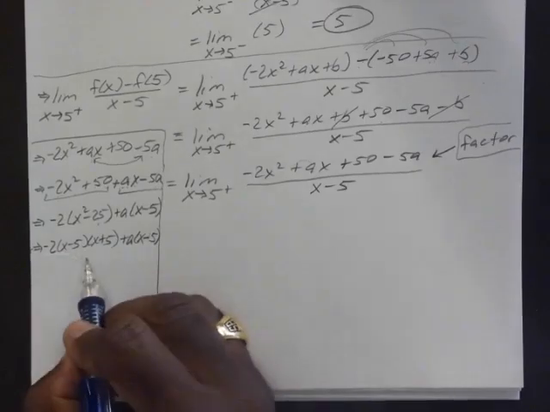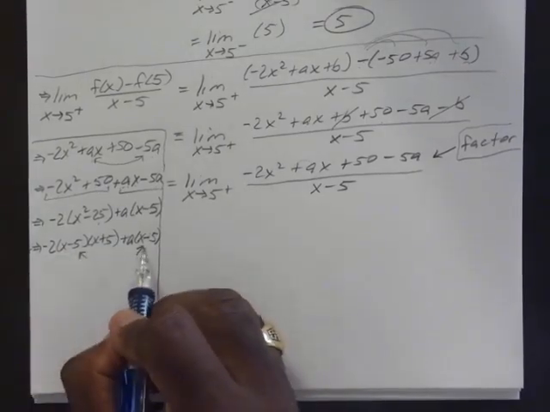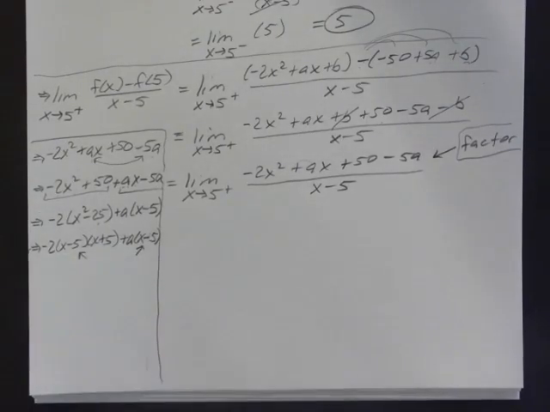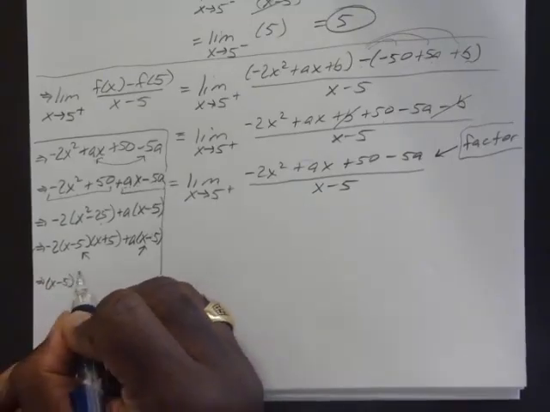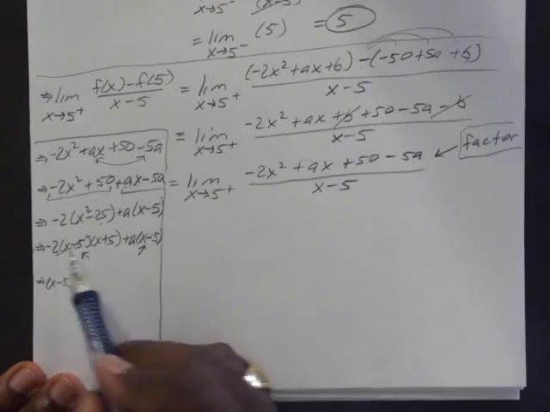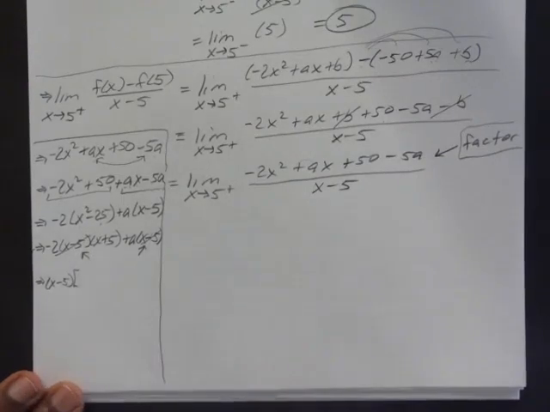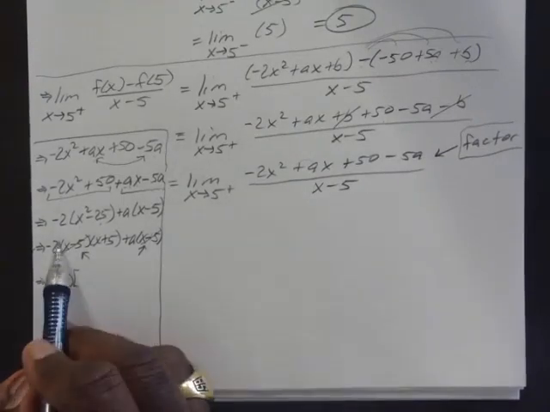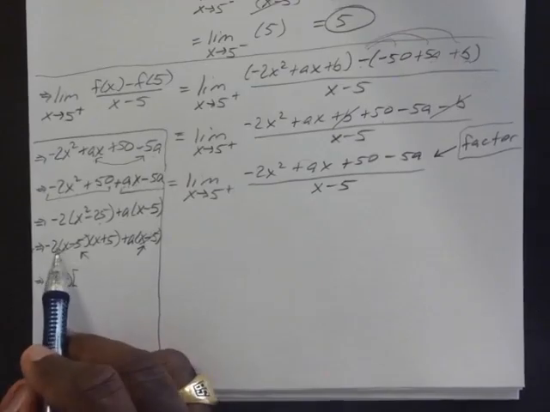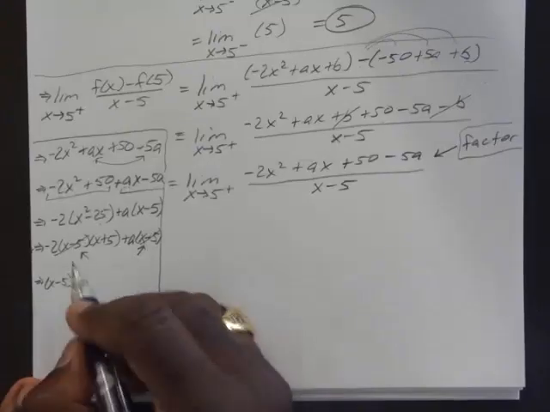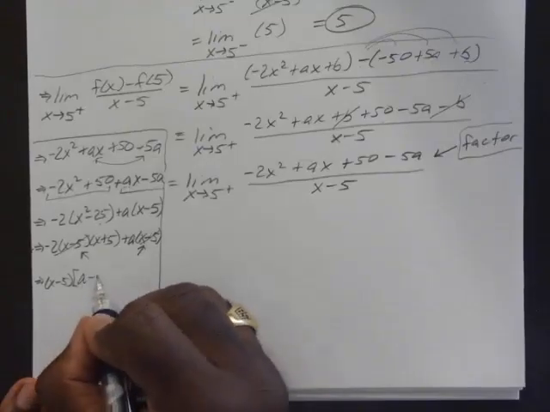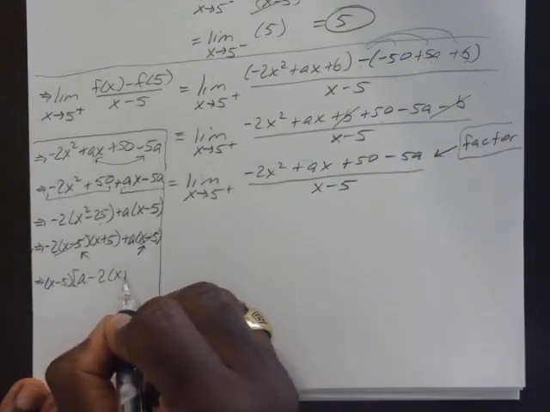Now we can factor out x minus 5 from both of those. In the parentheses, our first term would be negative 2 times x plus 5, and it would be a. I'll just switch those around and make it a minus 2 times x plus 5.